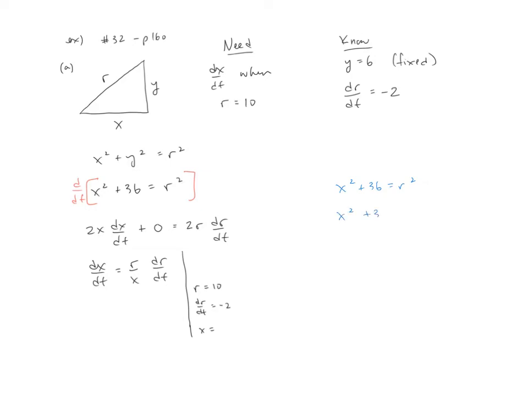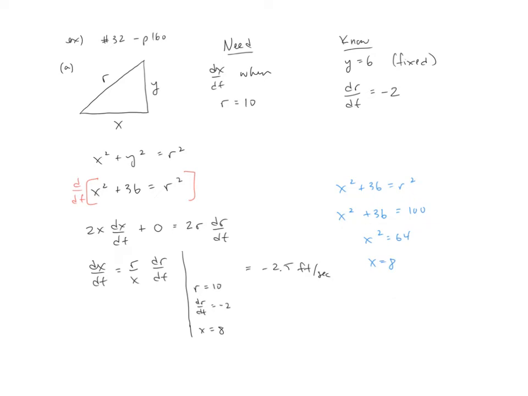So x squared plus 36 equals 100. So x squared equals 64, and x would equal 8. So that 8 that I'm using, I can plug into my derivative. When I do this and all is said and done, I end up with a negative 2.5 feet per second.